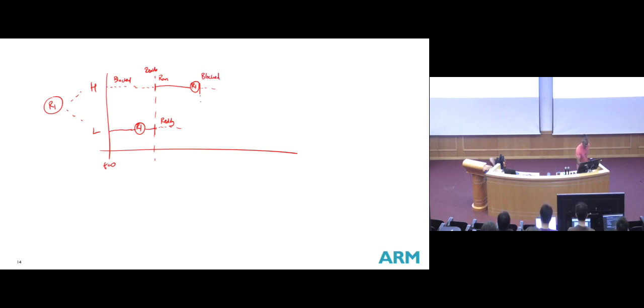If there are no other tasks in the system, then the low priority task transitions back to run, and this continues until a point where I release R1.